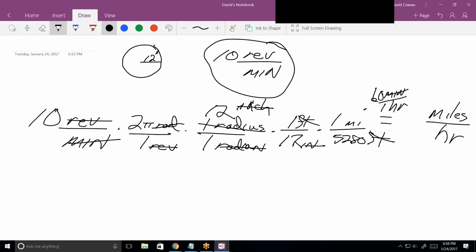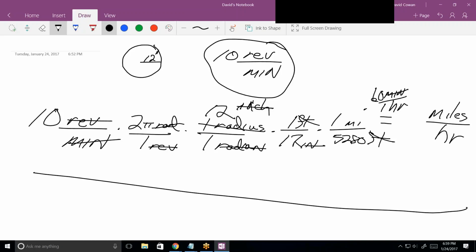And now I've got miles per hour, and all I have to do is multiply 10 times 2 pi times 12, divide by 12, divide by 5280, multiply by 60. And you have your answer in miles per hour. Okay? So these problems about angular speed and linear speed are always going to be done exactly like this.